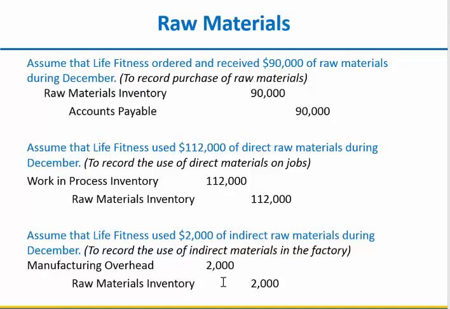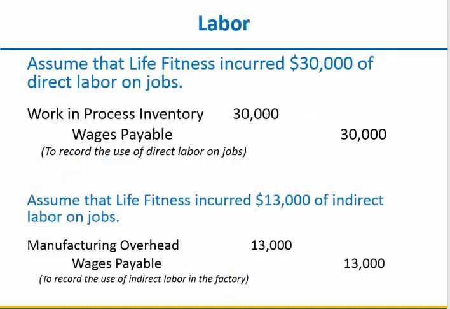So the 2,000 will flow into the manufacturing overhead cost, and you also have a deduction in your raw materials inventory because you're going to use indirect raw materials in your manufacturing as a manufacturing overhead cost. So the manufacturing overhead account receives 2,000 debit, and the raw materials inventory receives 2,000 credit. Okay, so that's what we have here.